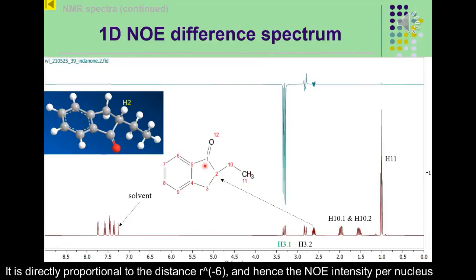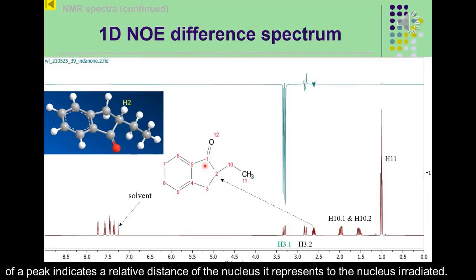It is directly proportional to the distance r to the power of -6, and hence the NOE intensity of a peak indicates a relative distance from the nucleus it represents to the nucleus irradiated.